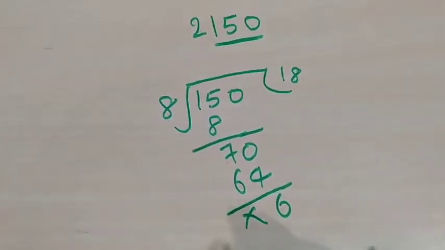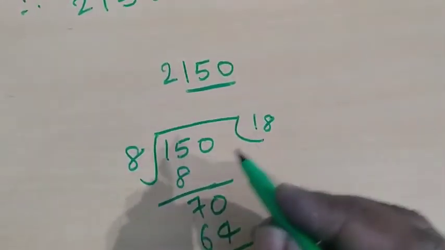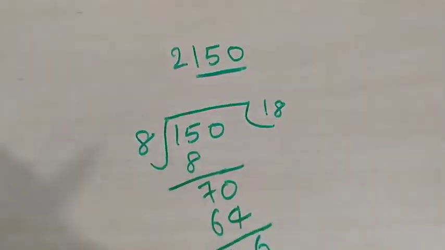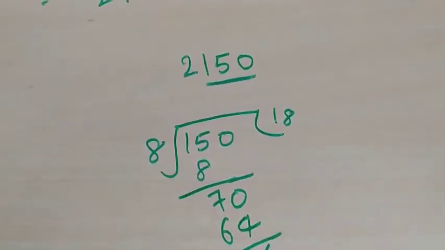150 is not divisible by 8, so this number is not divisible by 8.